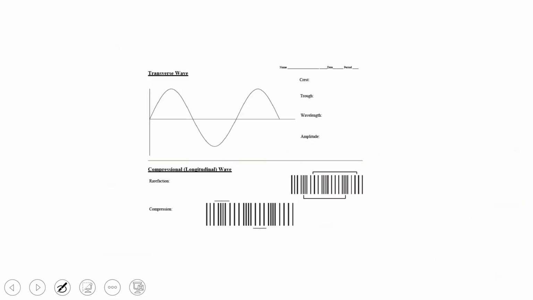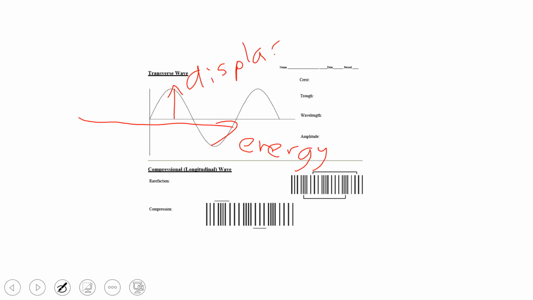So here's a transverse wave. So this is the direction of energy movement. And then here is the displacement. And again, a great example of a transverse wave is an ocean wave. And so there are a few terms that you have to think about when you're thinking about transverse waves.